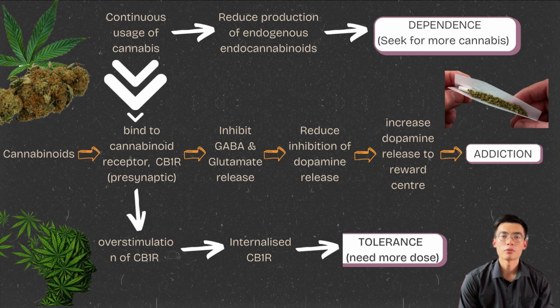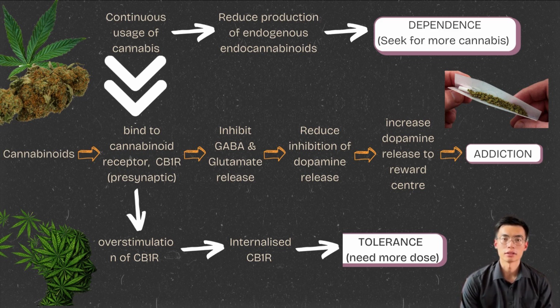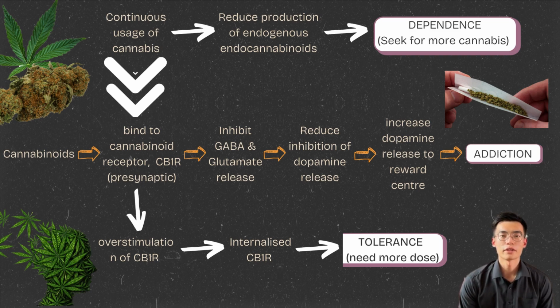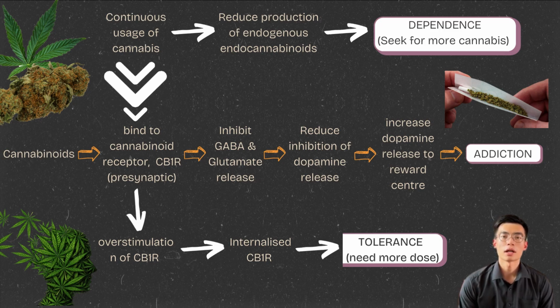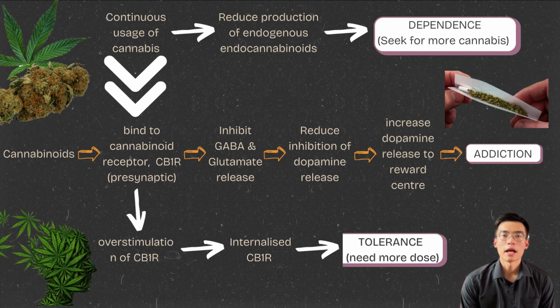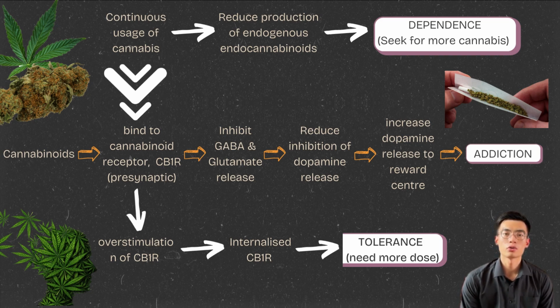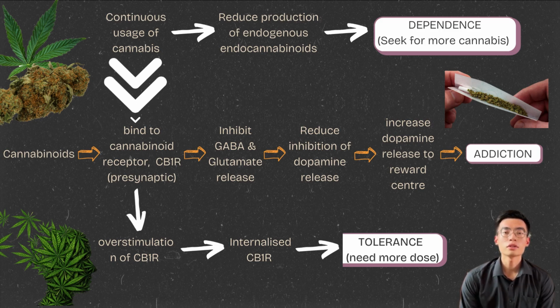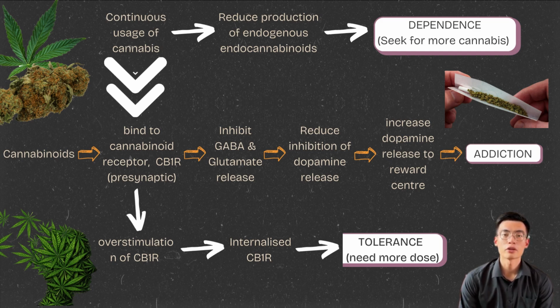Dopamine release in the reward center will cause addiction. Overusage of cannabinoids will cause overstimulation of the CB1R receptor. This will cause internalization of CB1R, and this causes tolerance, where they need to seek more doses of cannabinoids. Continuous usage of cannabinoids will cause reduced production of endocannabinoids. This will lead to dependence.